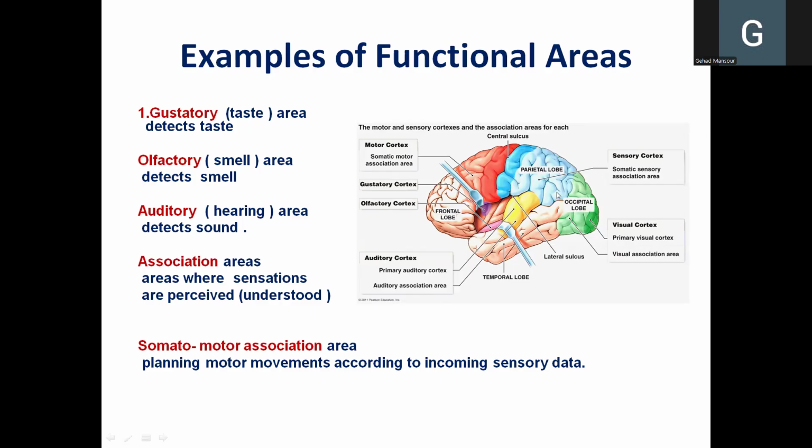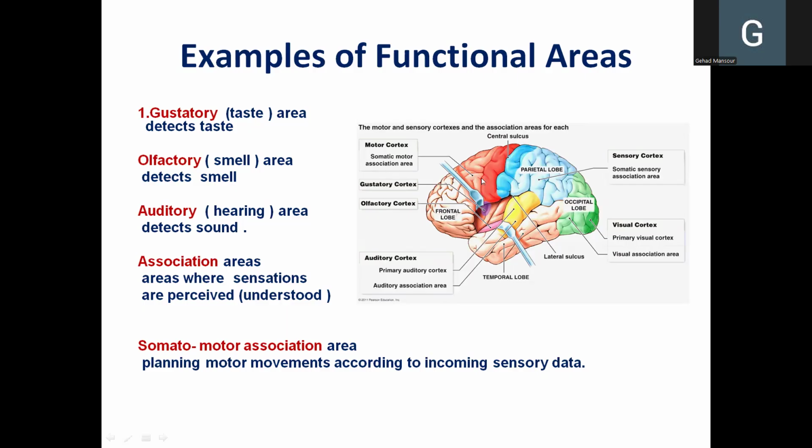This is the function of the somatic sensory association area, in addition, of course, to understanding the various sensations that reach the sensory area that lies just posterior to the central sulcus.